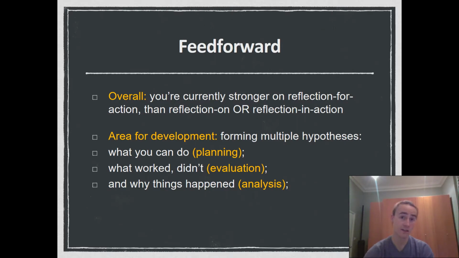Don't just go with your gut instinct and think, okay, this is something I've learned before, this seemed interesting. Instead, try and come up with your two very best hypotheses.